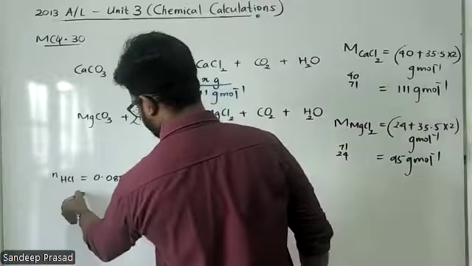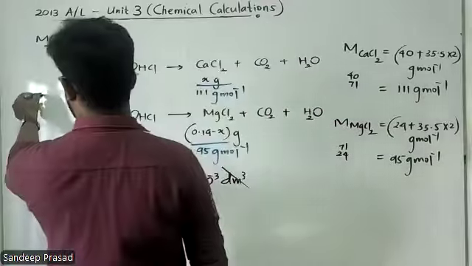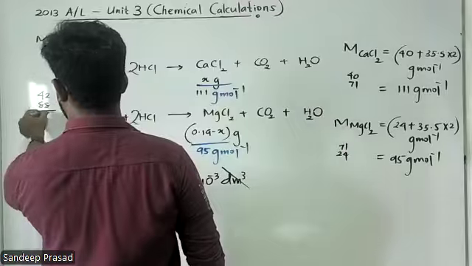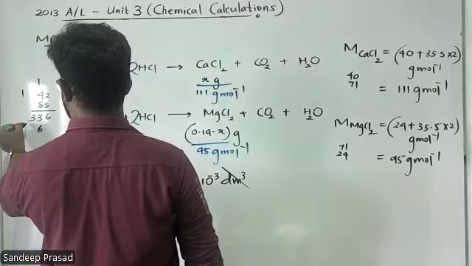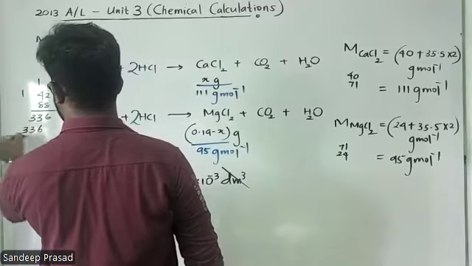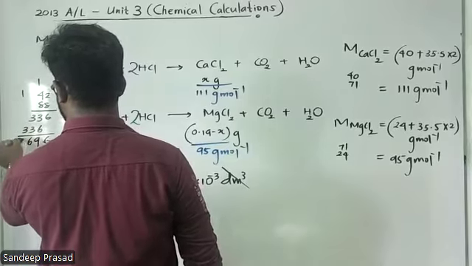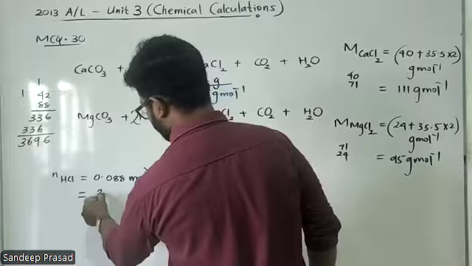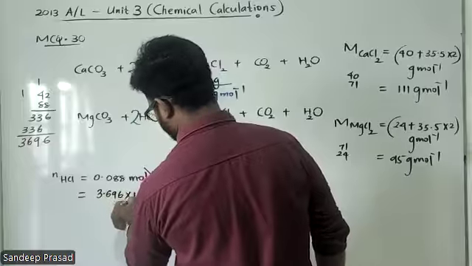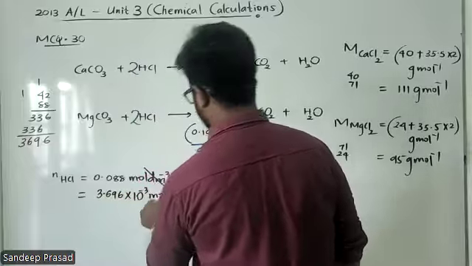Then what is the answer? 42 into 88. The answer is 3.696 × 10^-3. So this is the total HCl.